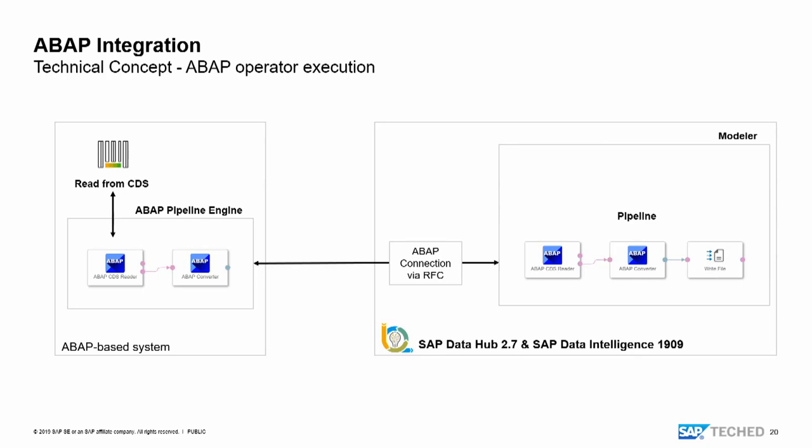But you could replace the file writer with any other kind of operator so that you have a CDS Reader into a Kafka producer, or into a Google BigQuery, or into an Azure object store, basically whatever you want. So that is here the flexibility and the freedom which is coming with Data Hub.